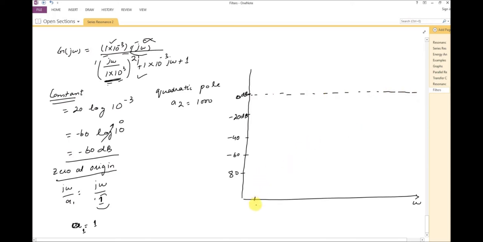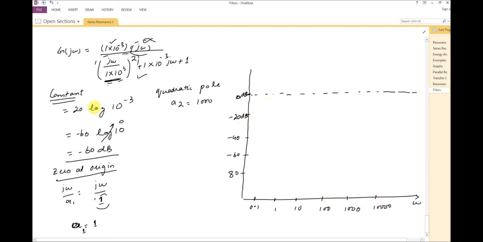Here it will be 0.1, 1, 10, 100, 1000, 10,000. So this is your frequency axis.